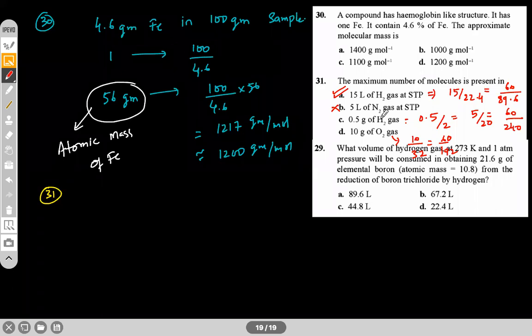So maybe you are getting the correct answer in this one, but in another question with other data, you will possibly get the wrong answer. Right? You need to find out the number of moles, and for this you cannot say it is half mole, so volume you can find out. That you cannot say, because the moles and volume relation is true only when we have the condition at STP.